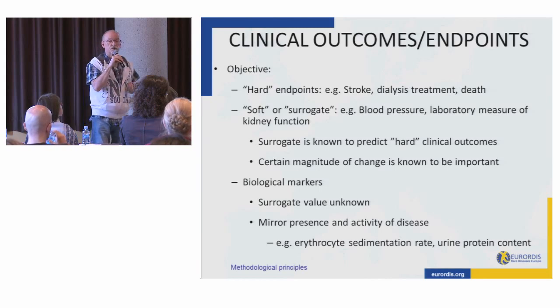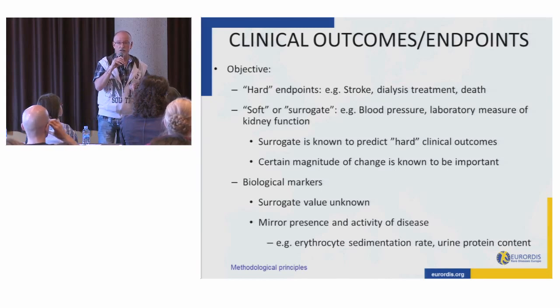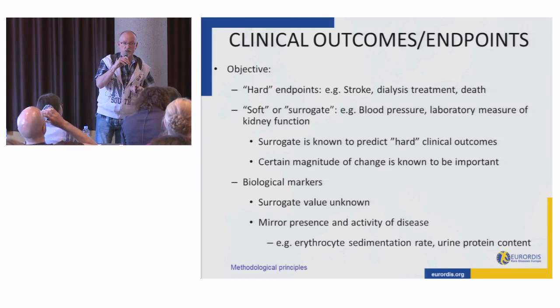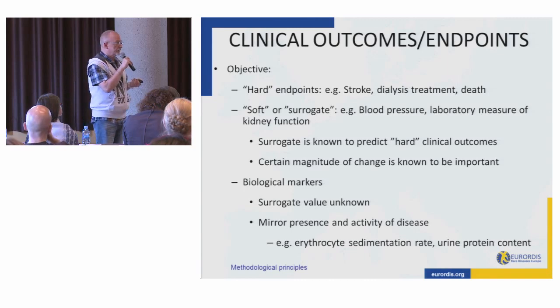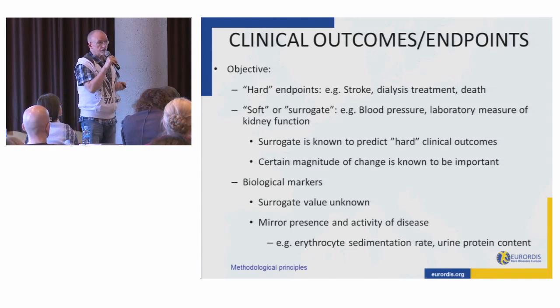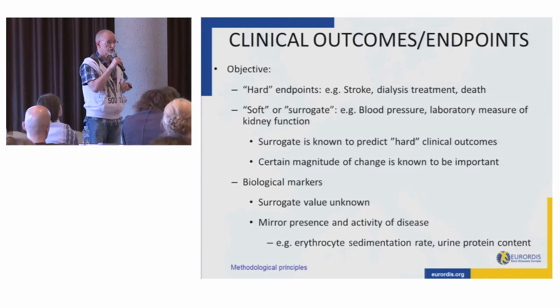Then we have biological markers, or in short, biomarkers. They tell us about the presence and activity of disease or condition. They tell us about the presence of a phenomenon, but we don't know if they have surrogate value. That's the difference.